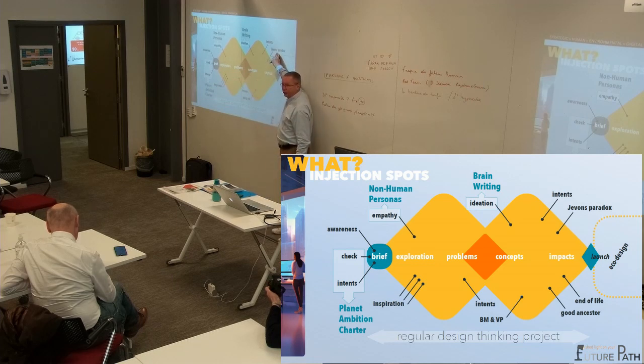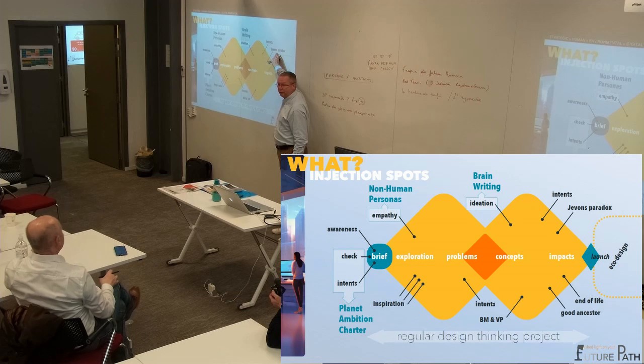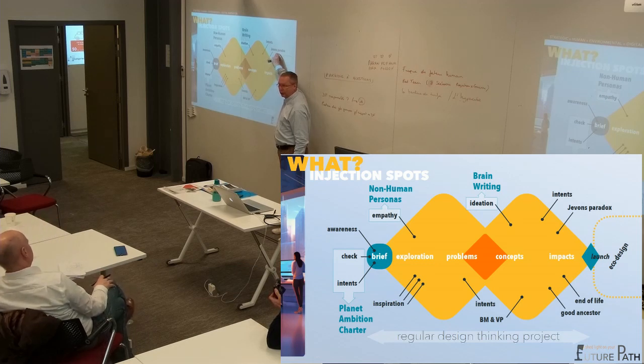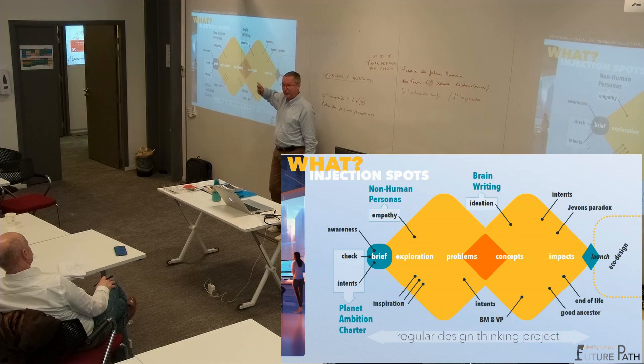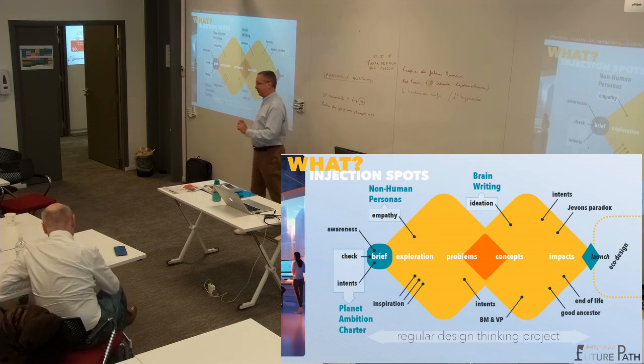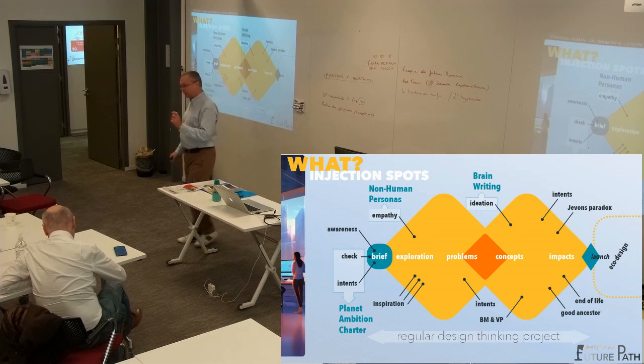Does anyone know that? In French, it's called effet rebond. No, it's so chic to say Jevons paradox. But in English, you can't say effet rebond, rebound effect, it means absolutely nothing. So the Jevons paradox is when you adopt a new technology which at first should be lower on energy.